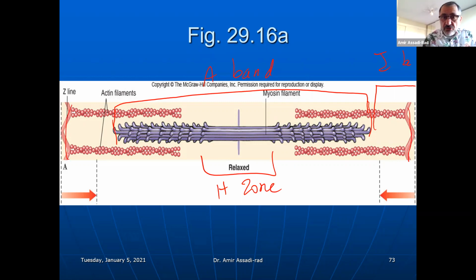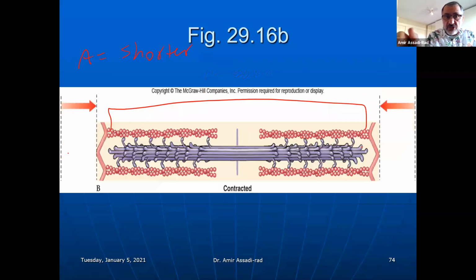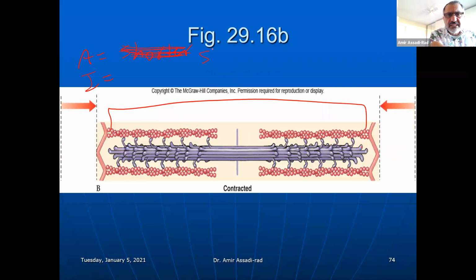So when the muscle contracts, the A band stays the same, the I band gets shorter, and the H zone almost disappears or gets shorter.